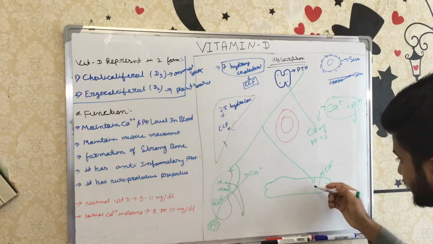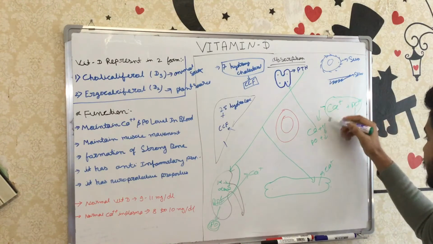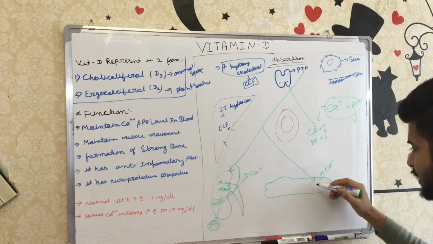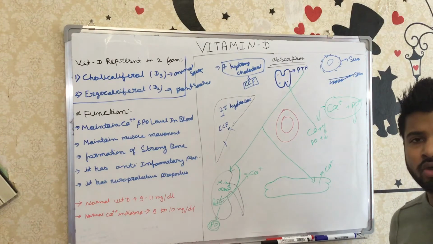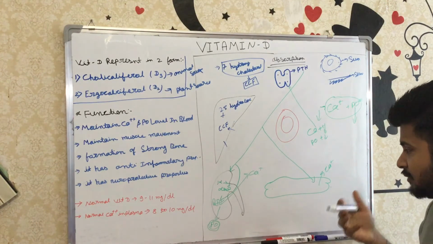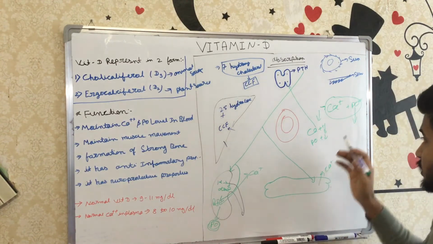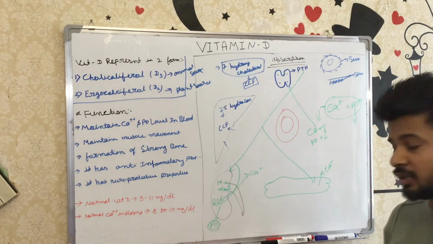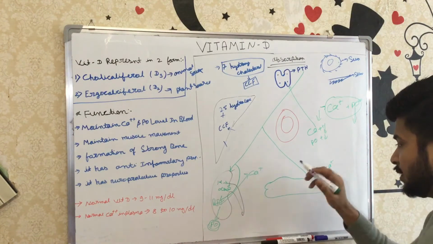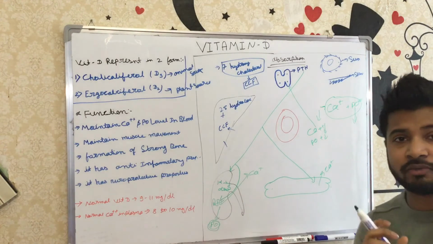Even it will be released from the bone, no problem. Calcium will be released without regard to increase or decrease. When it has to release, at that time it does not matter whether phosphorus is maintained or not. But during the deposition, during the mineralization, both calcium and phosphorus have to be in equal amount.